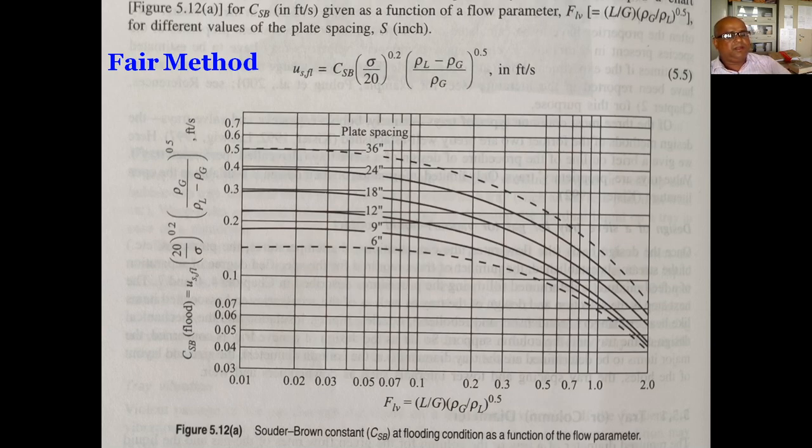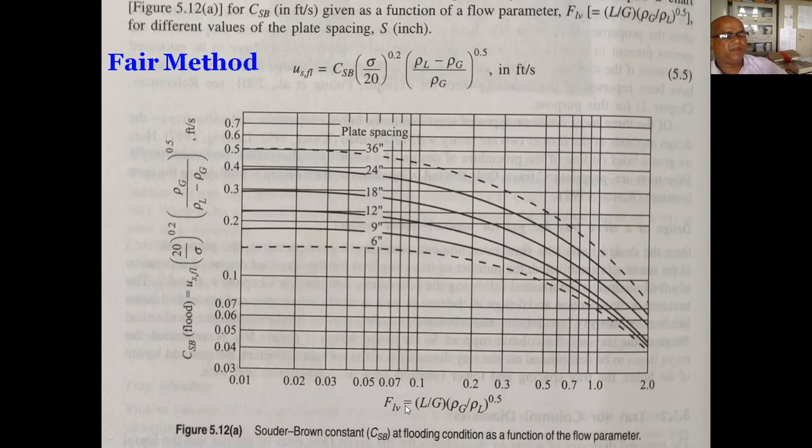Now to determine the column diameter, there is the Fair method, and there is one chart, where one is CSB, the Souders-Brown constant at flooding condition, as a function of the flow parameter.